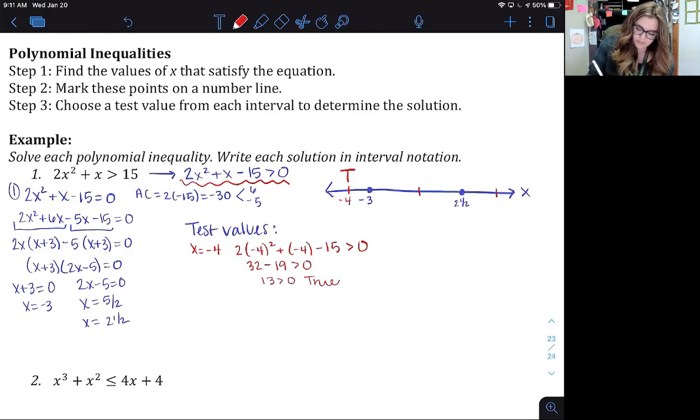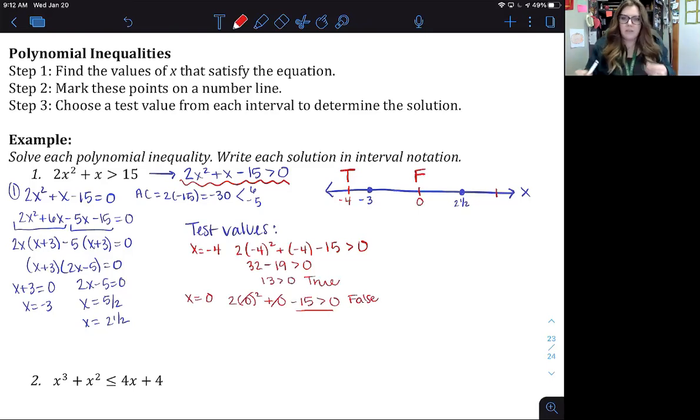All right, now let's pick another value. So let's do 0. That's a nice easy one. So when x equals 0, we have 2 times 0 squared plus 0 minus 15 is greater than 0. So is negative 15 greater than 0? That's false. And then going to the right of 2.5, let's just plug in 3.